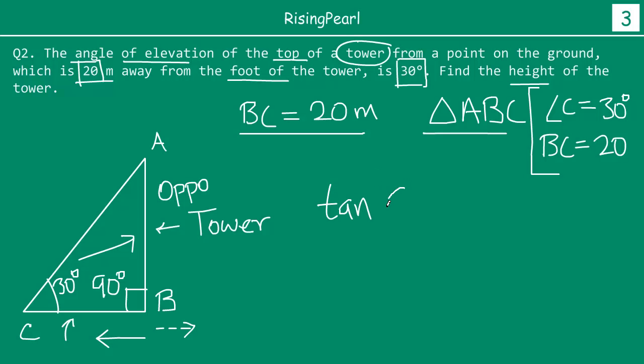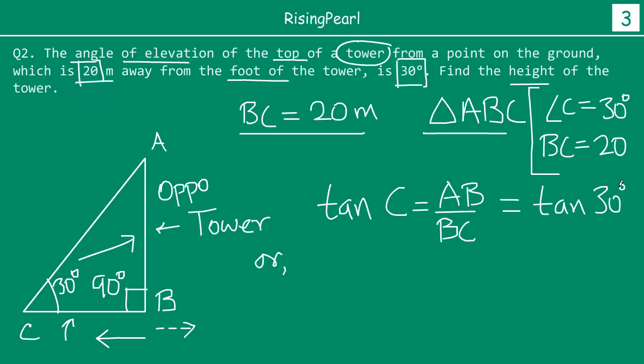So tan C is equal to AB divided by BC in our right triangle ABC. Now we will just simply put the values. Tan C is tan 30 degrees. So we will have AB divided by BC, which is 20.